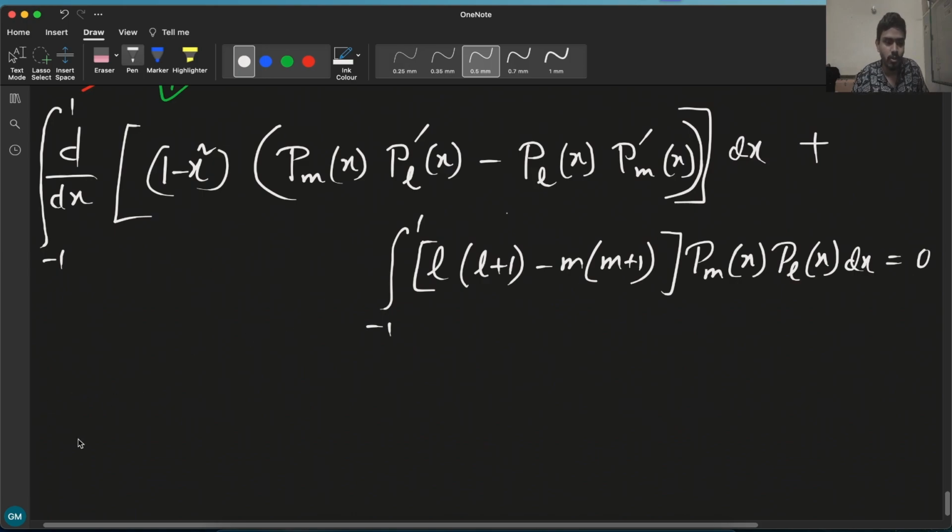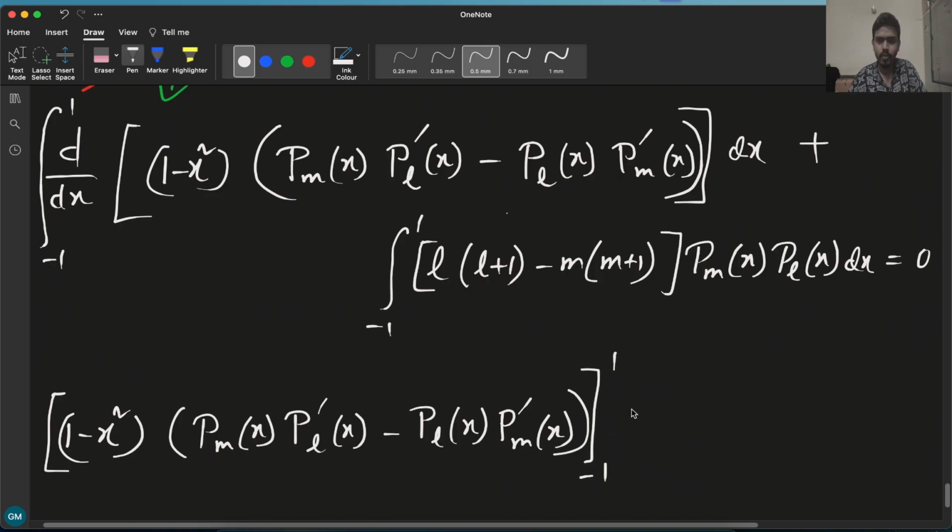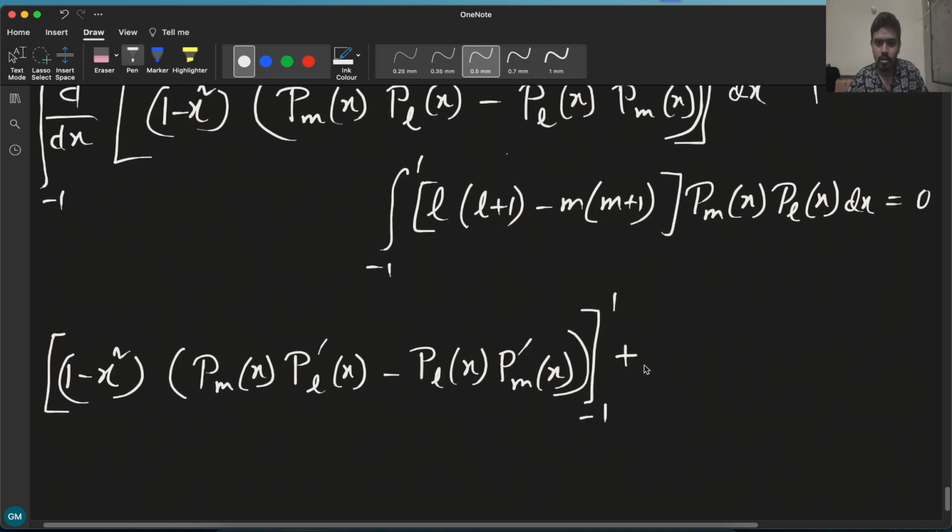So if I integrate it, we will get the integral of (1 minus x square)(Pm(x) P'l(x) minus Pl(x) P'm(x)), and the integration limits will be -1 to +1, plus I can write L into L plus 1 minus M into M plus 1 outside of the integral because it's a constant, right?